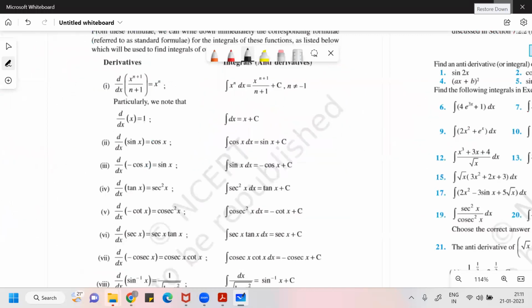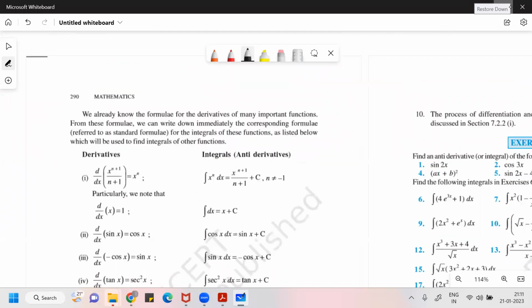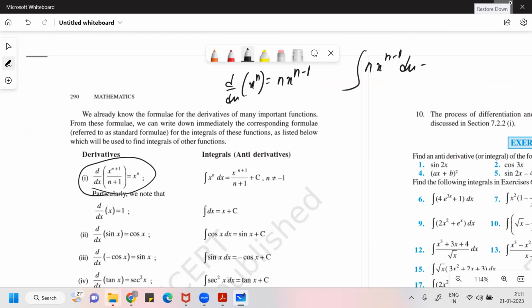See this, you know this part very well. The differentiation dy by dx of x to the power n, you know, is n x to the power n minus 1. So the integration of n x to the power n minus 1 dx would be x to the power n.